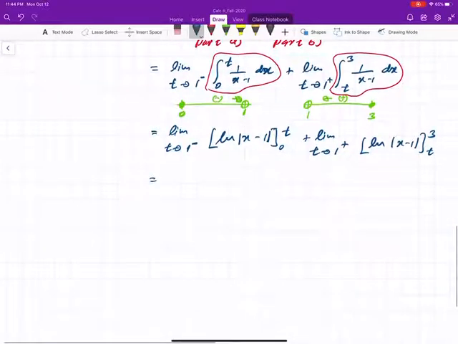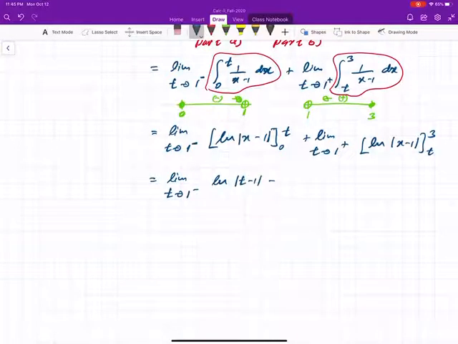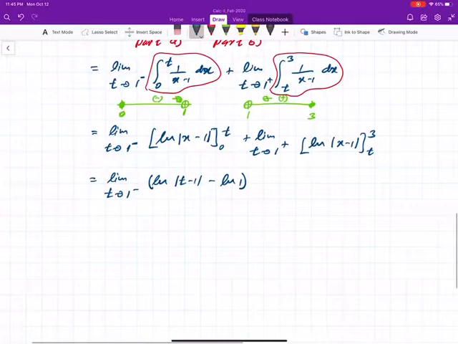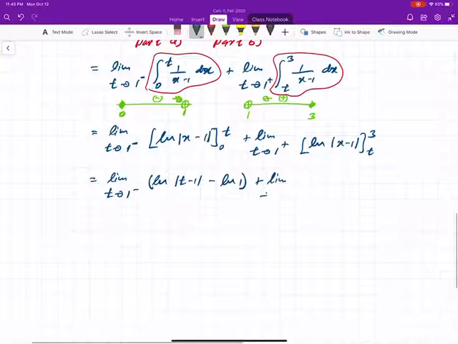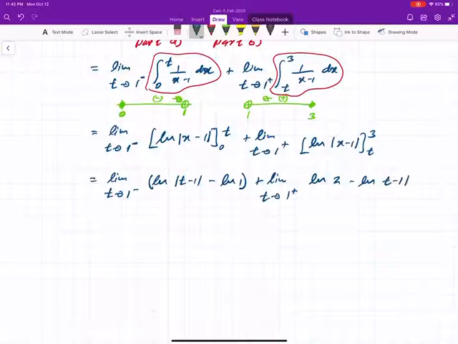Okay, now for this one you just apply the upper limit and then the lower limit. Limit t goes to 1 from the negative side, then this is ln |t minus 1| minus ln 1, and then limit t goes to 1 plus, ln |3 minus 1|, which is 2, minus ln |t minus 1|.